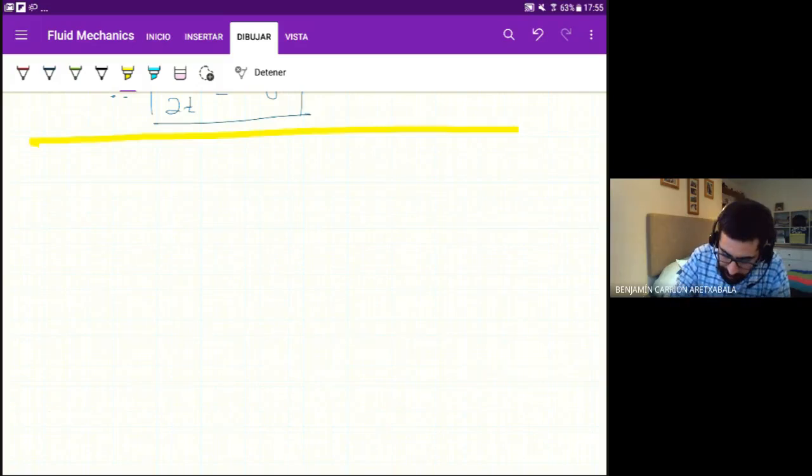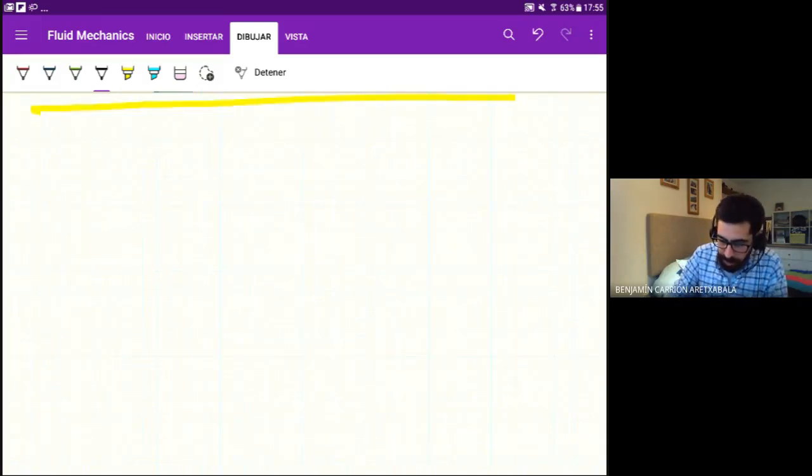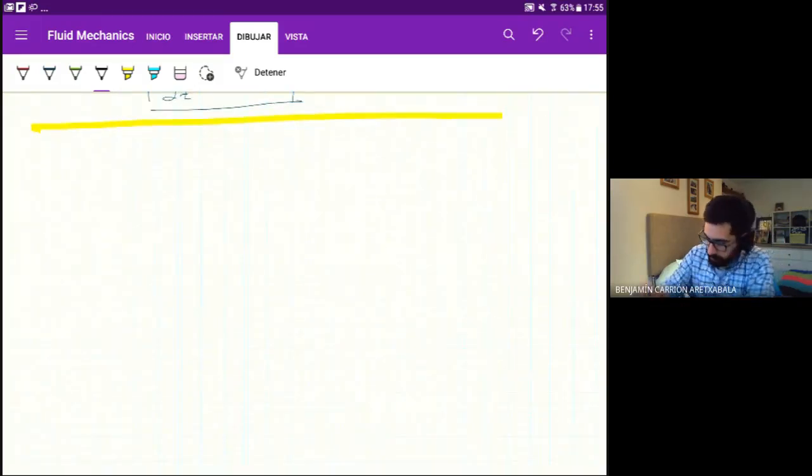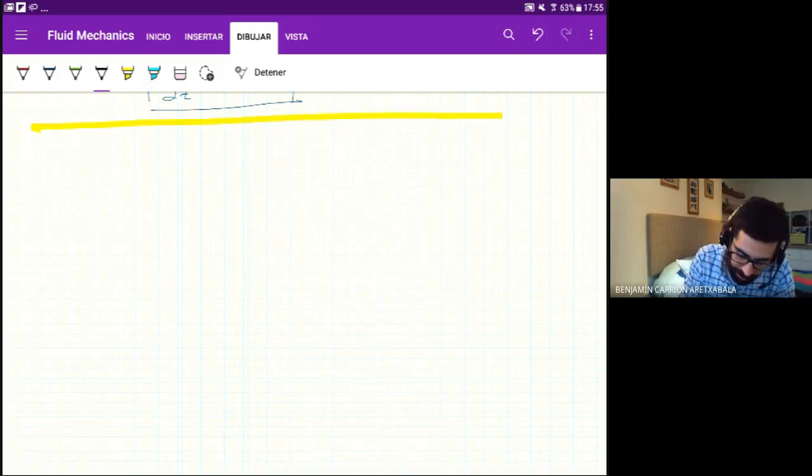Let's say we have this equation: dp at dz, we know this is minus gamma.